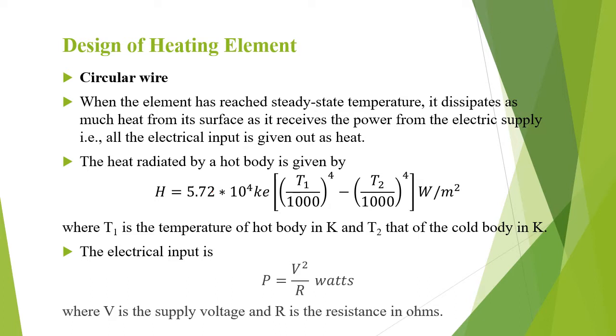When the heating element has reached its steady state temperature, it will dissipate as much heat from its surface as it receives from the supply. That is, all the electrical input will be given out as heat.